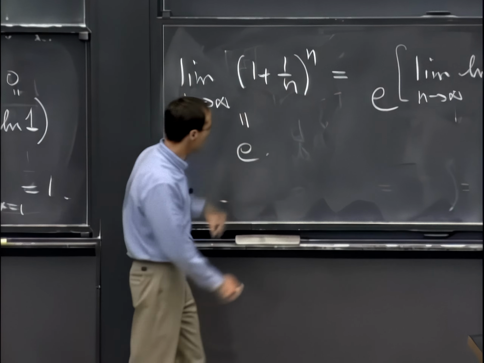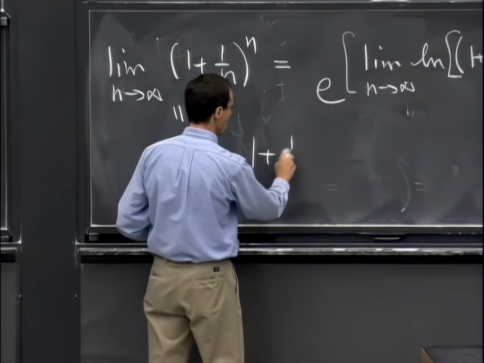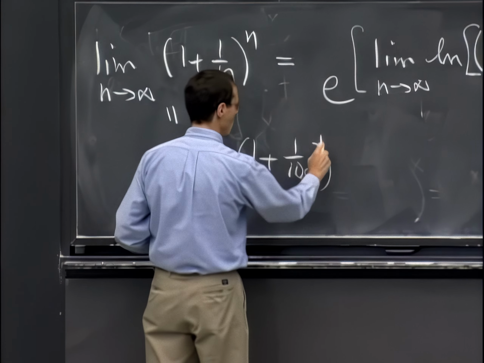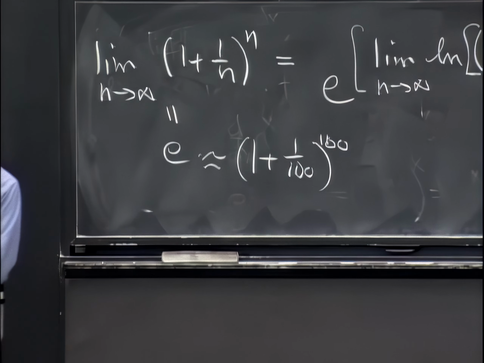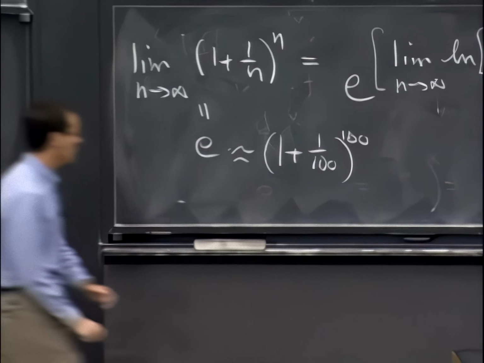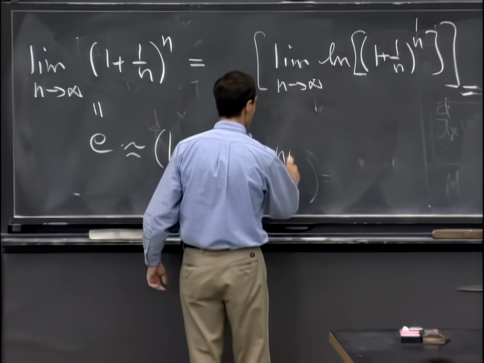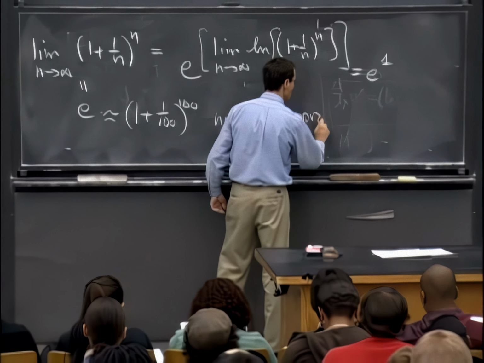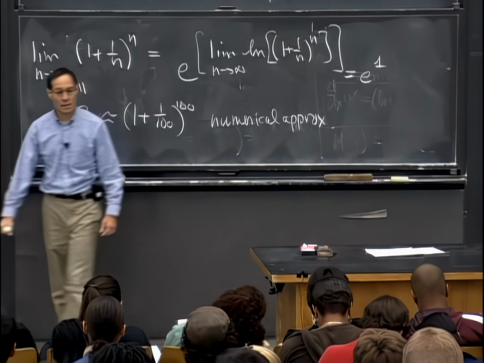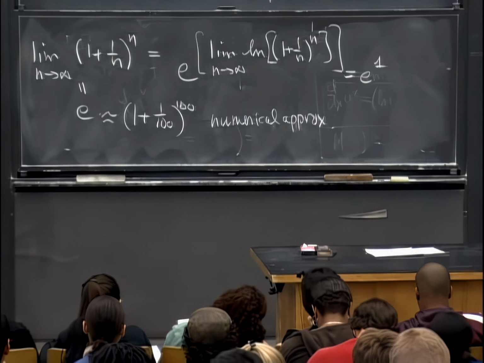And this is telling us, if you take, for example, 1 plus 1 over 100 to the 100th power, that's going to be a very good, perfectly decent approximation to e. So this is a numerical approximation, which is all we can ever do with this kind of irrational number.